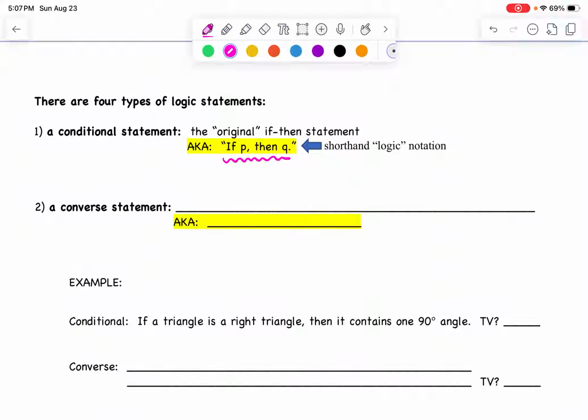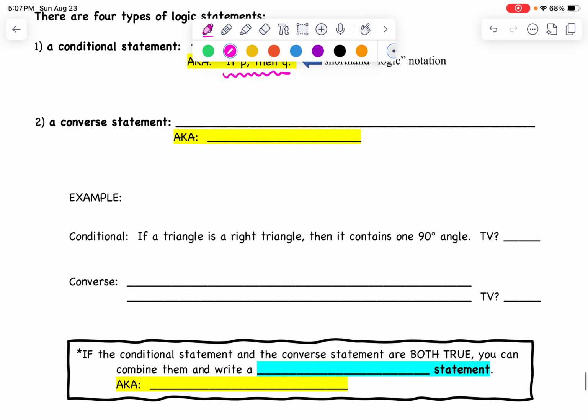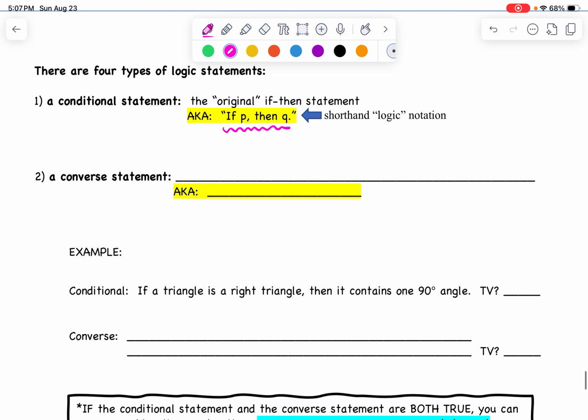So our original conditional, we would say it's if P, then Q, where P is the original hypothesis and Q is the original conclusion. Okay, so I'm going to kind of use the P's and Q's to make sense of the other 3 types of statements that we can write based on the original conditional.